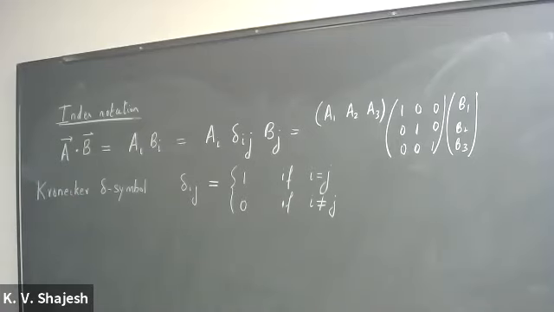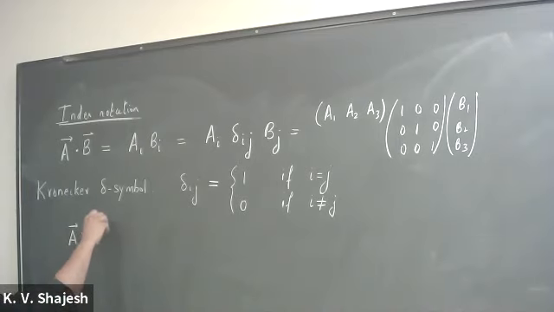So that's the dot product. We then started talking about the cross product. Now this is a vector, so we would like to talk about the ith component of a vector product.